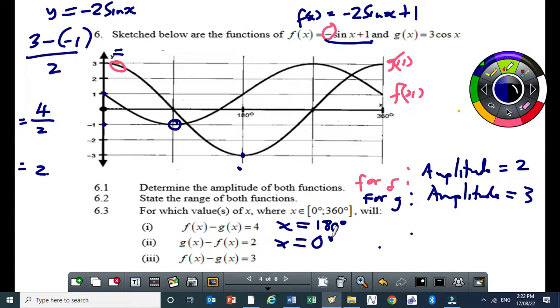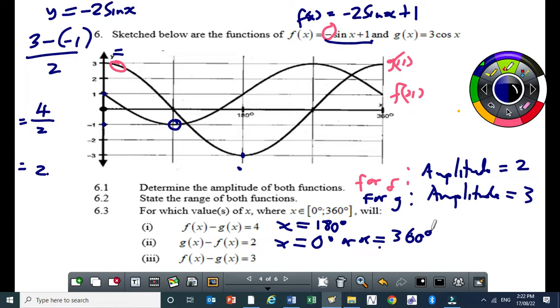To 3. So we also have another solution there. So x is equal to 360. Is there another solution? I doubt so.